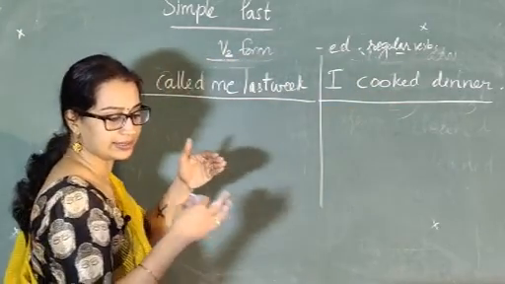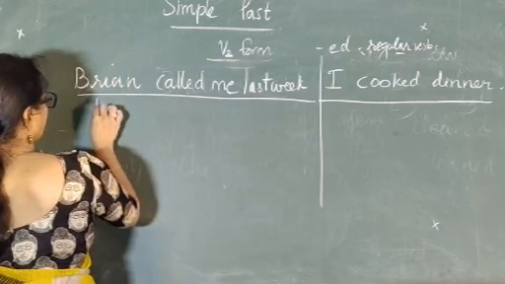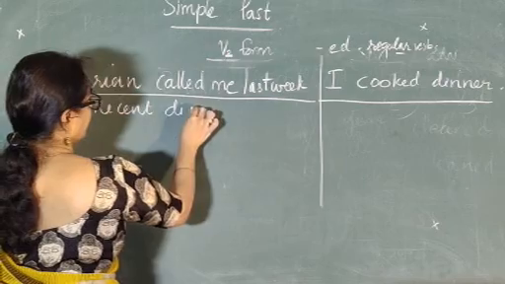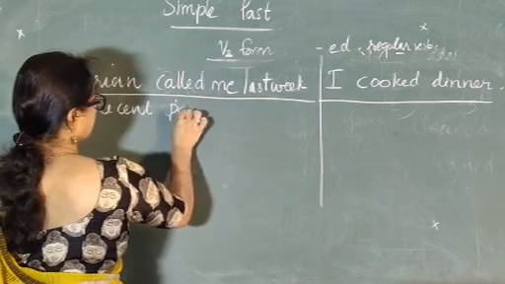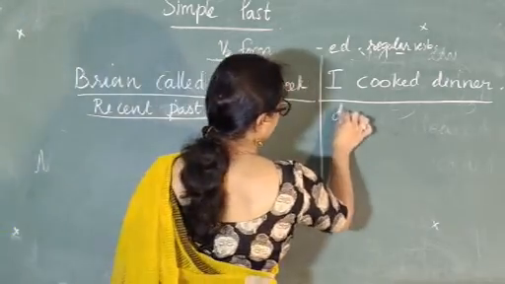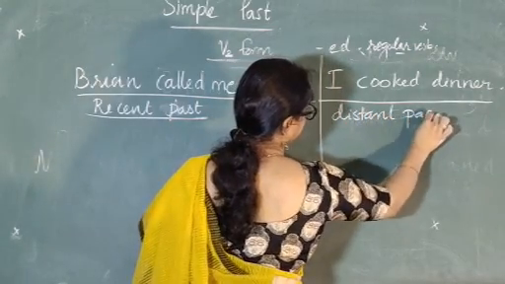Okay, next one, the recent past and the distant past. All right, now what is this recent past and distant past? It shows recent past. I'll give you another example, and the distant past.